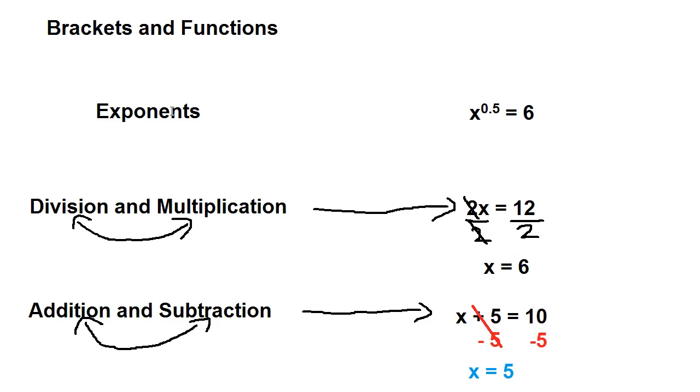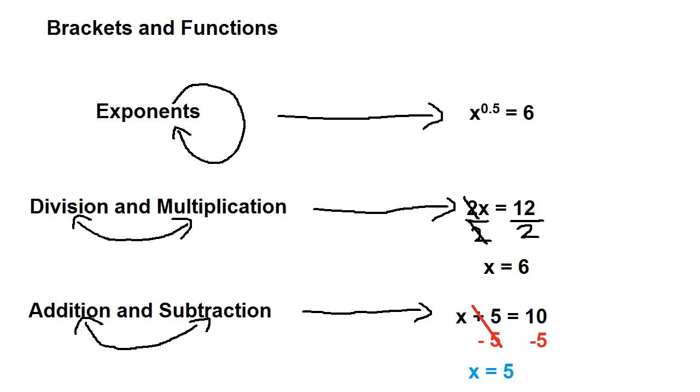Now, this last one here, exponents, you can get rid of these, and this is typically speaking what people have the most problem with. One of the things is exponents are their own inverse. Now, in order to apply an inverse exponent to eliminate, say for example this power of 0.5 that's on top of x, you want to use an exponent, but you want to use an inverse exponent.